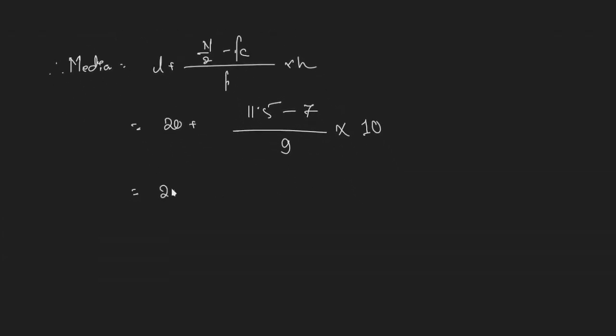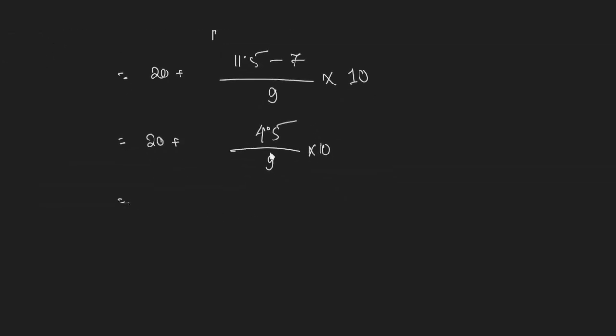So that is 20 plus 4.5 into 10 by 9. 4.5 twos are 9, so it becomes 5. So 25 is the median. So that's how we calculate median.